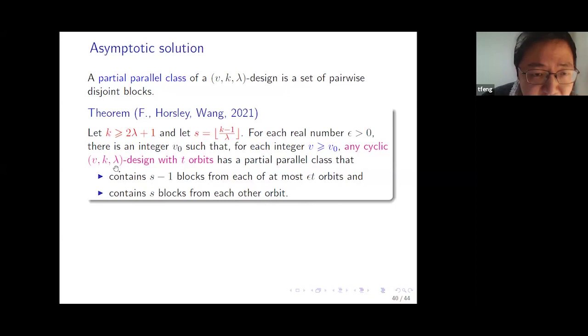For example, when k equals 3 and lambda equals 1, the number S is (3 minus 1) over 1, that's 2, so S equals 2.